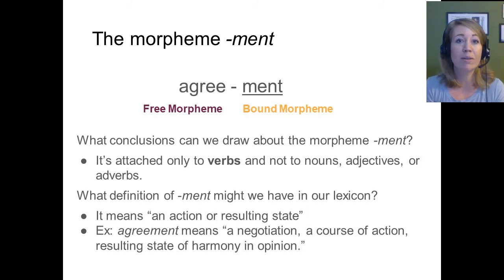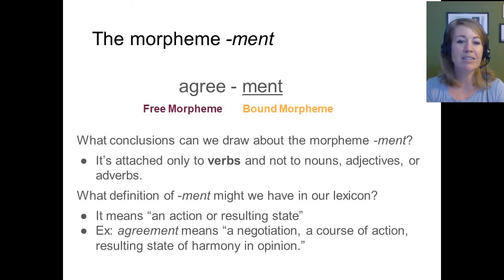So let's look at the word agreement, right? So our free morpheme is agree. And our bound morpheme, the one that has to attach, is ment. And what conclusions can we draw about this morpheme? Well, it can only attach to verbs, not to nouns, adjectives, or adverbs. Okay, agree. I agree with you. Agree is a verb. So what definition of ment might we have in our mental dictionary, in our lexicon?